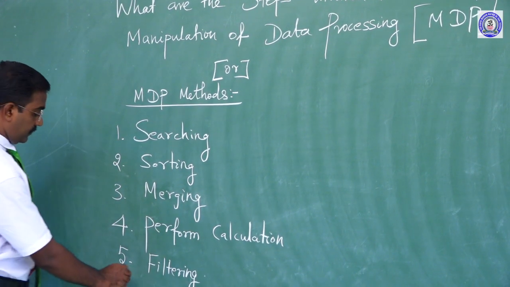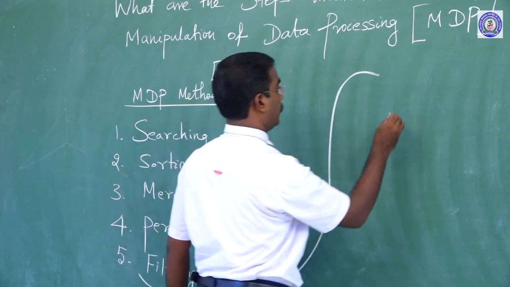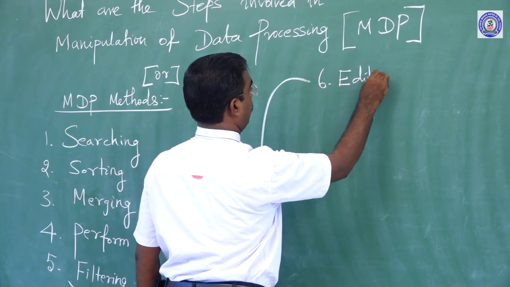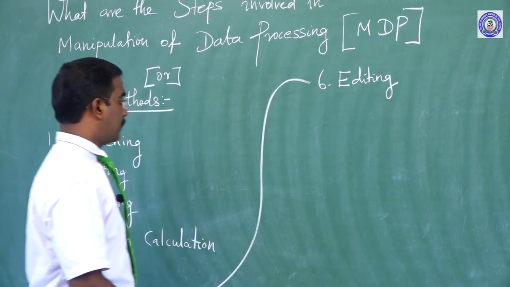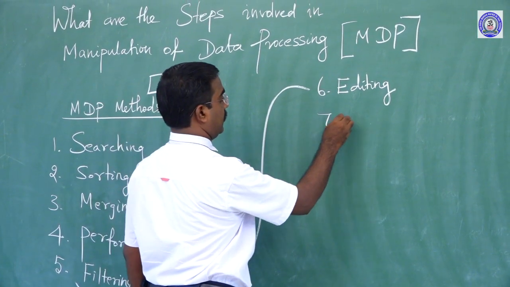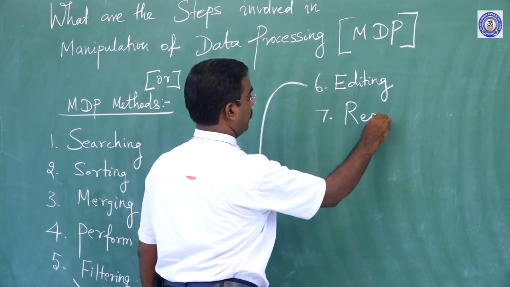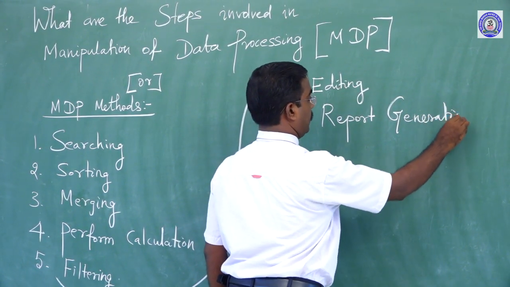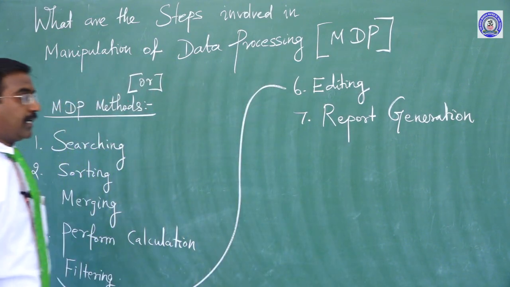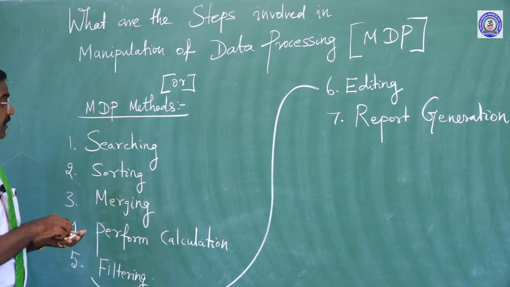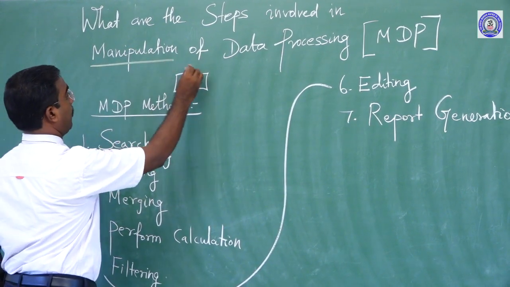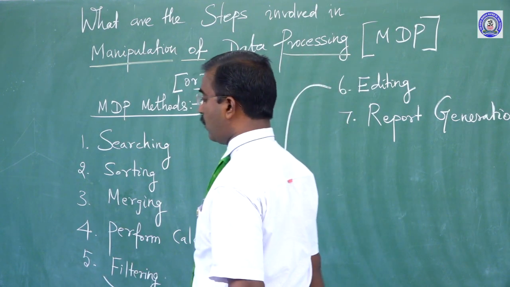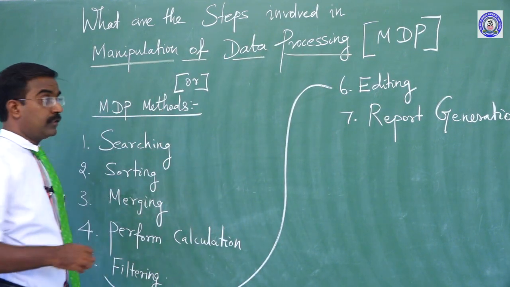Sixth one is editing. The final one is report generation. These methods make up manipulation of database data processing. One by one, I will tell you now.